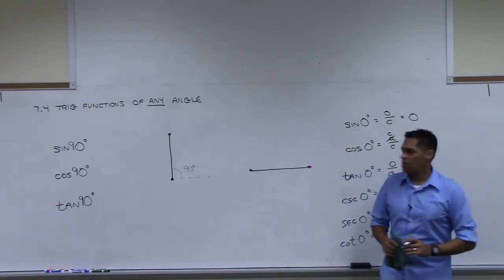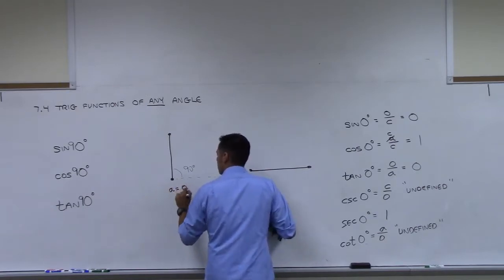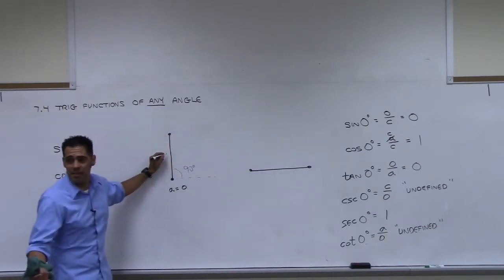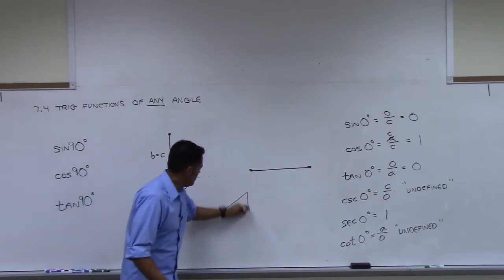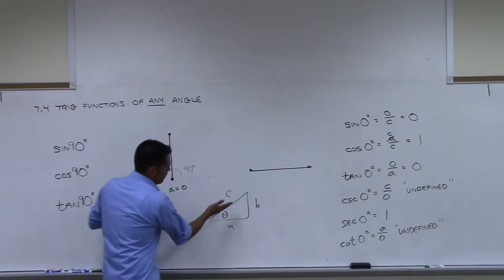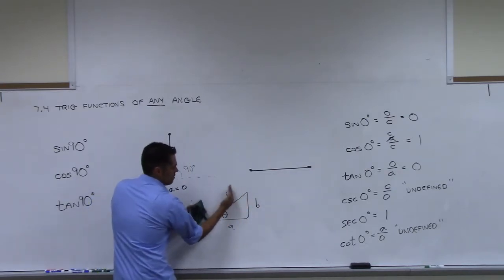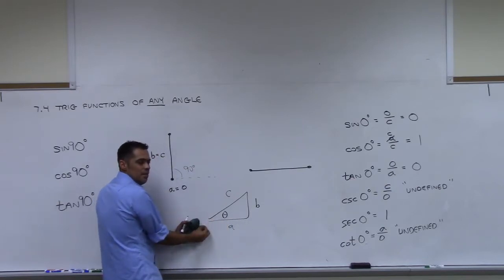So you could say that A is 0, and B and C are the same this time. B is equal to C. Again, here's my triangle, A, B, C, theta. If I rotate this up, this side comes over, and B and C become the same, and A becomes 0. You'll see that? Yes.